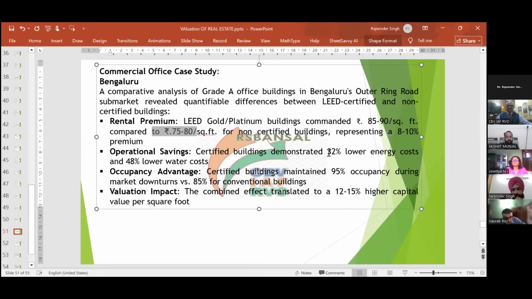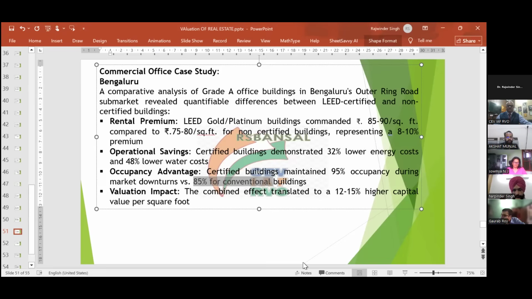Certified buildings are also demonstrating 32% lower energy cost and 48% lower water cost. On occupancy, these buildings maintain 95% occupancy during market downturns versus 85% for non-LEED compliant or conventional buildings.